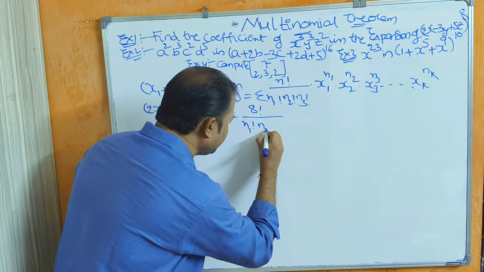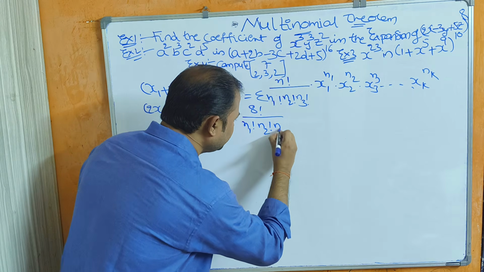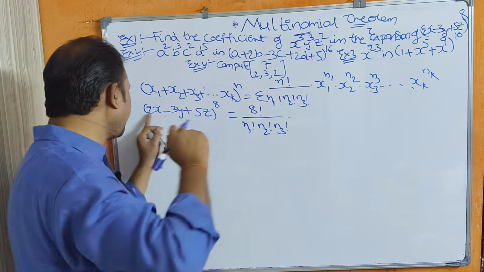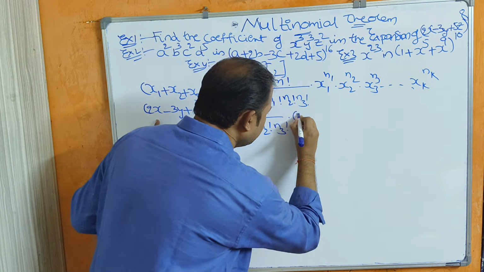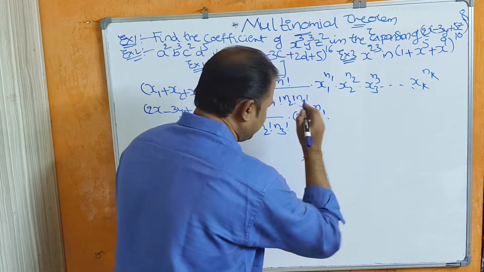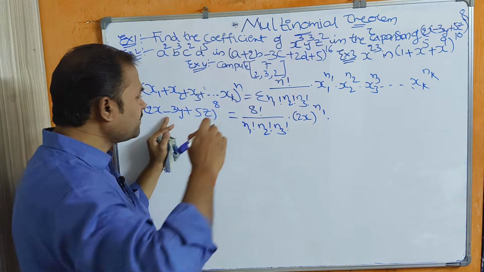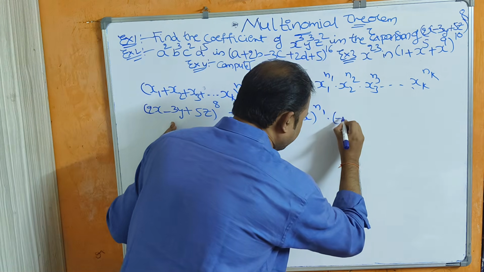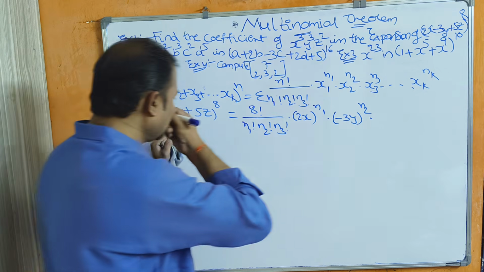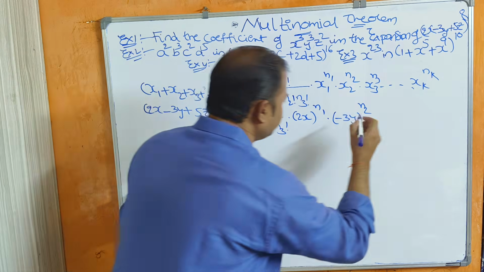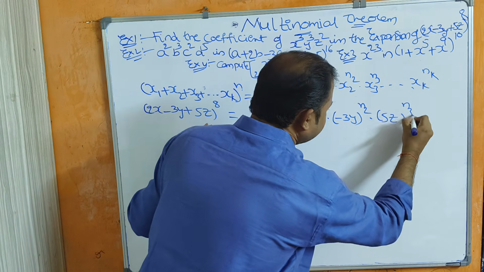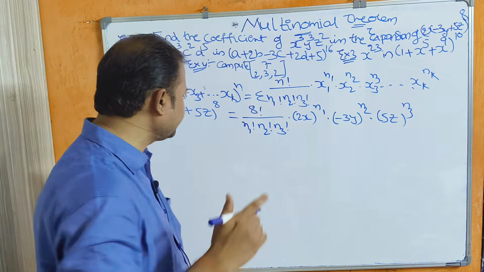So we don't know the n1 value. So n1 factorial into n2 factorial into n3 factorial into x1 power n1. What is x1? 2x. So (2x) power, we don't know n1, so directly write n1. What is x2? Minus 3y. Here we have the minus symbol. So (minus 3y) whole power n2. What is x3? 5z. So (5z) whole power n3.